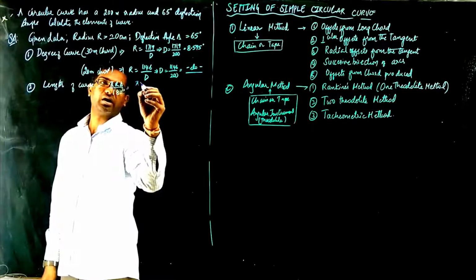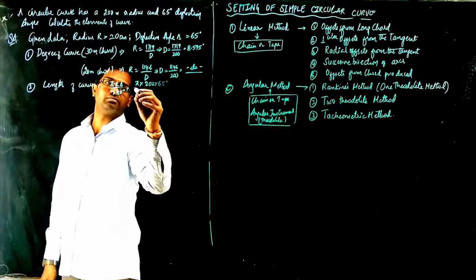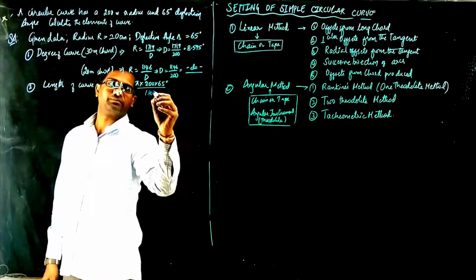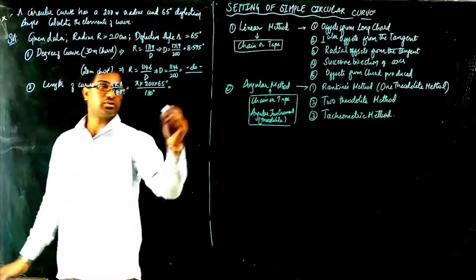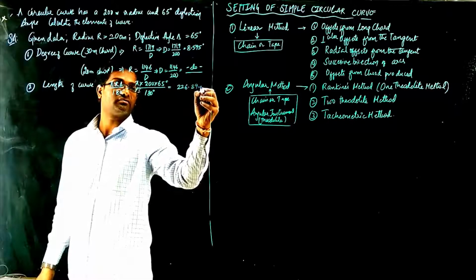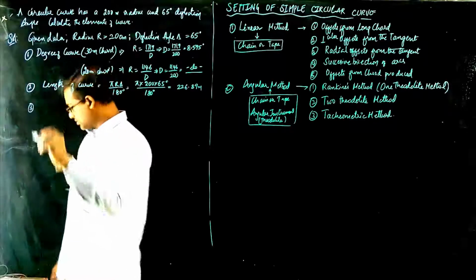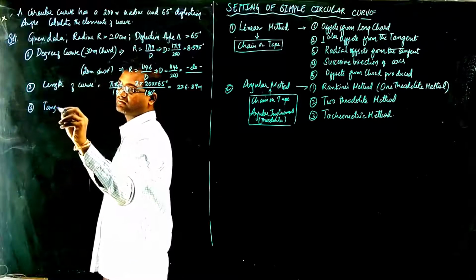So pi r is 200, delta is 65 degrees, by 180. If you calculate this value, you will get the length of curve as 226.89 meters.